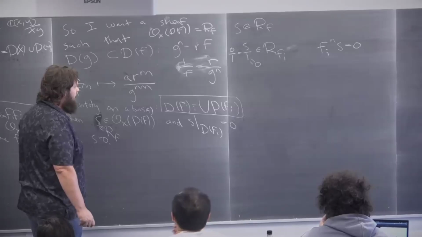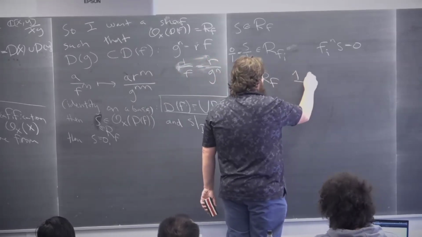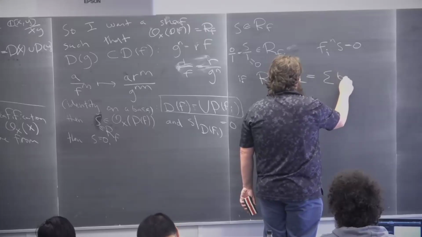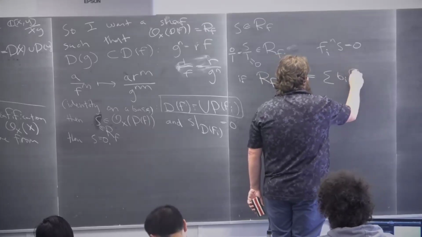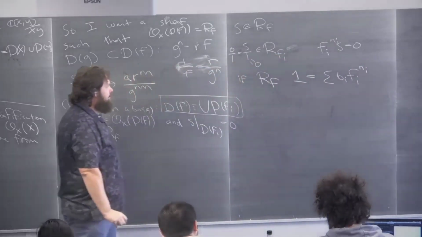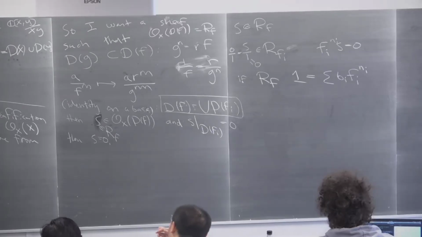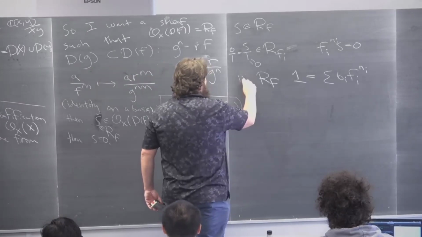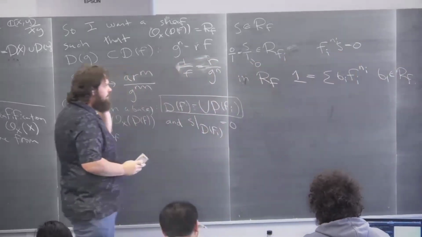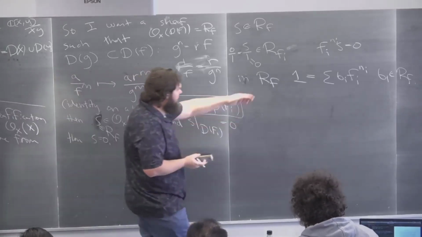So as we talked about, that means that in this localization, I can take one and write it as the sum of some b_i times f_i to the n_i, where the b_i are in R. Now what happens if I multiply this equation by s?